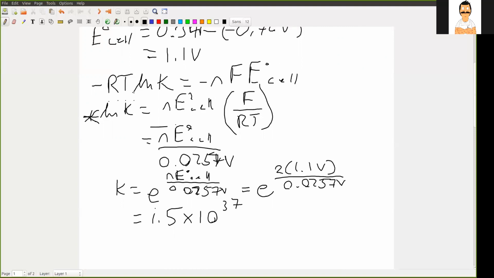All you would do is flip it so that it would become 0.0257 volts over n, with the natural log of K in the numerator, and then E cell on the other side. So you can rearrange this formula however you see fit to solve for the term that you're looking for. Just follow the normal rules of algebra.